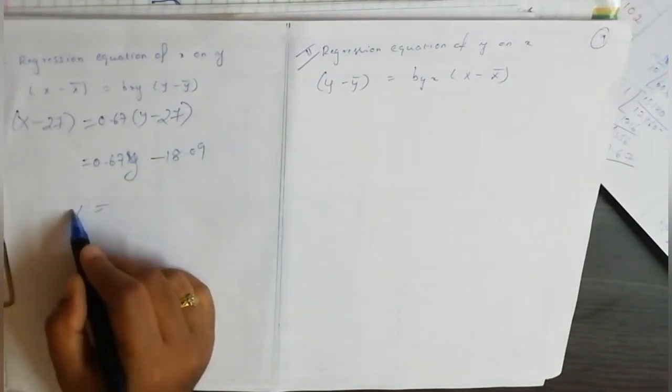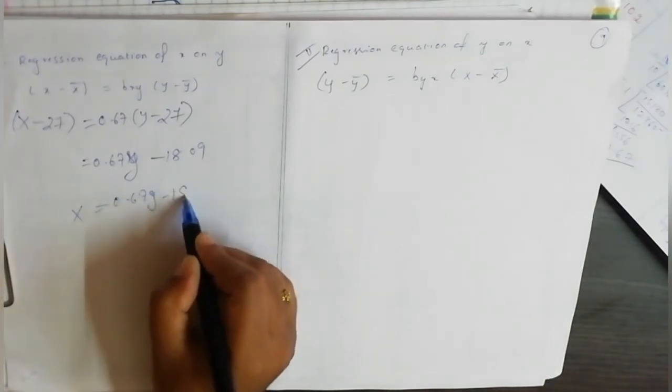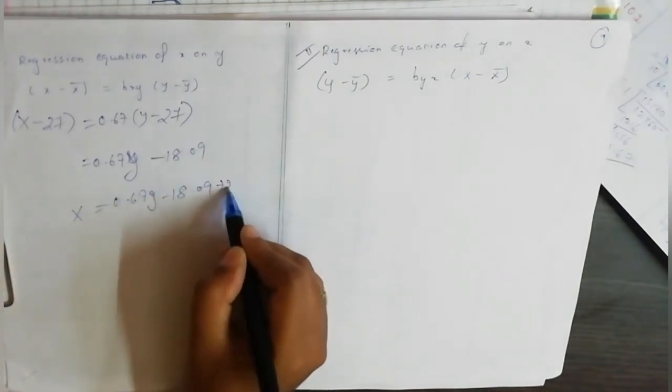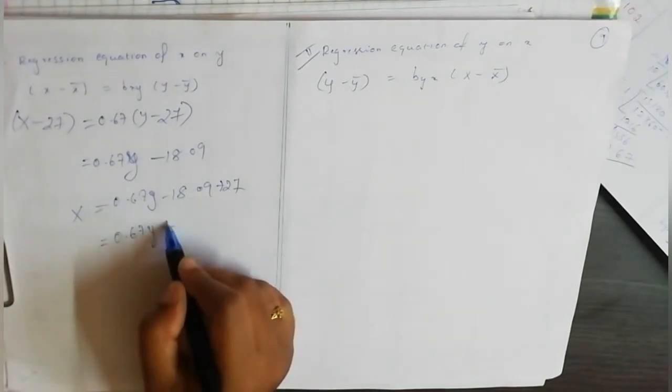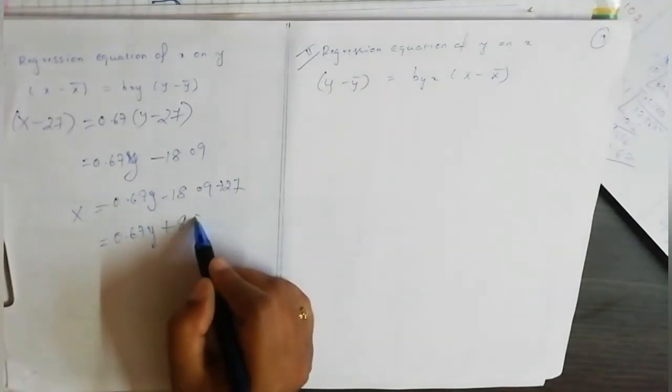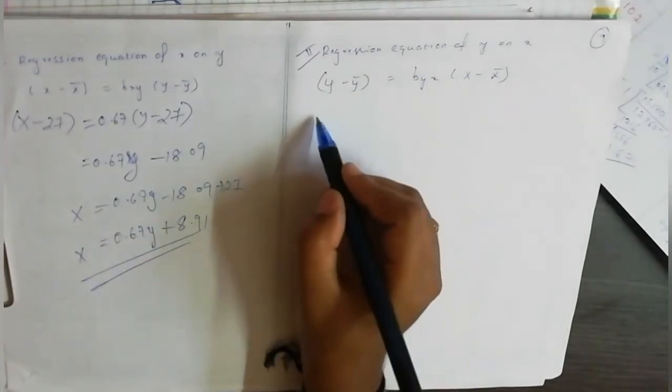In the next step, we'll take 27 to RHS. 0.67y minus 18.09 plus 27, that is 0.67y plus 8.91 is the first regression equation, x on y.